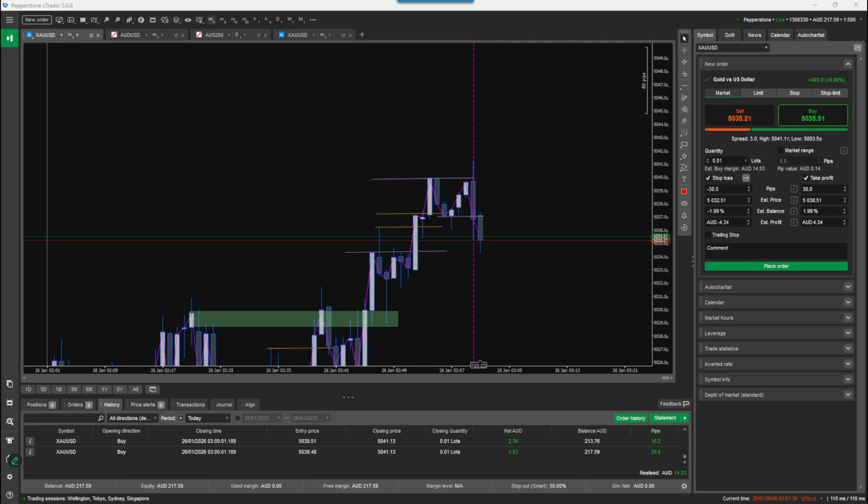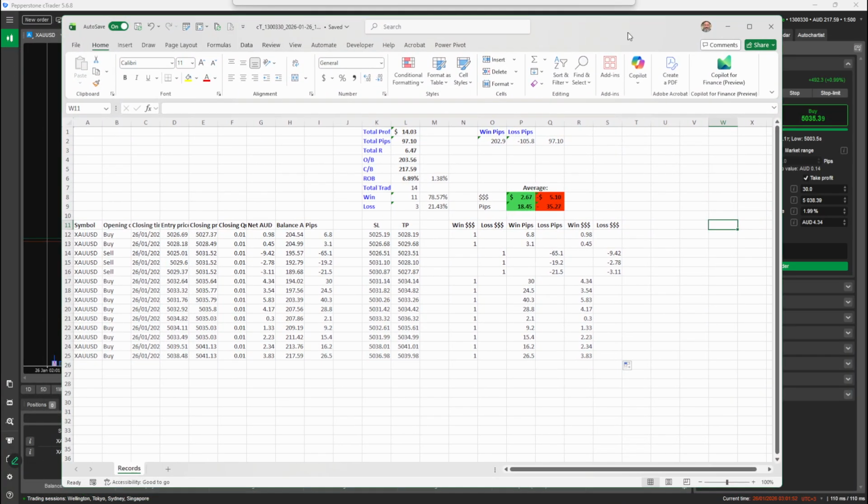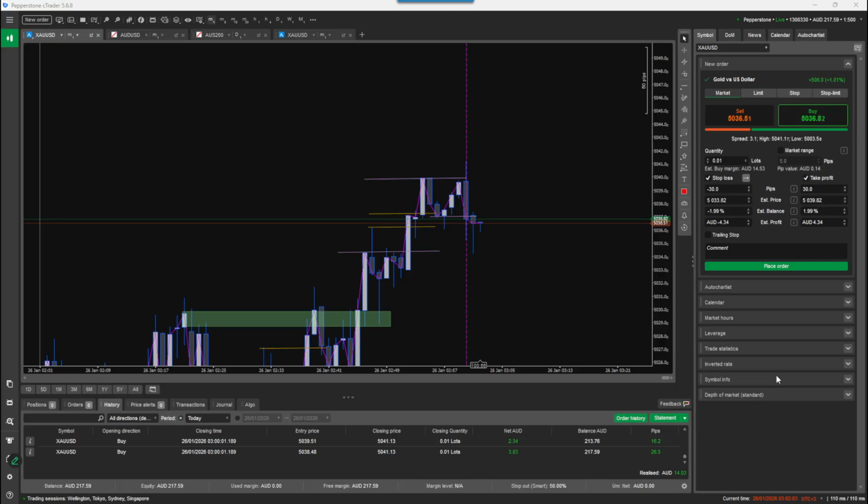Okay, I got 97 pips in the bank at 6.4R. Beautiful. Cleaning up this morning. So 14 trades, lost 3, won 11. Oh my god. Good. There was just one big loss there that wasn't good. That's alright.